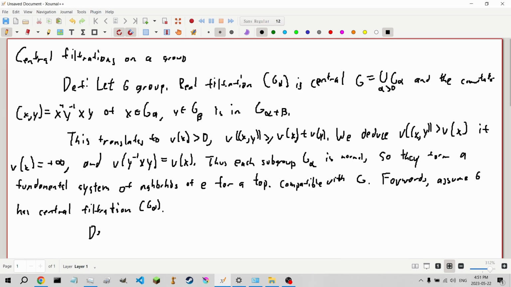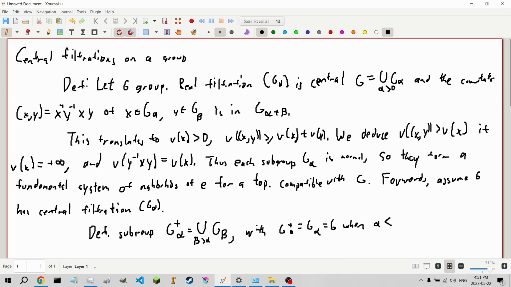We're going to define the subgroup G positive alpha as the union of G beta for beta greater than alpha. Typos are getting more numerous in this book as we go forward. With then G positive alpha being G alpha being G when alpha is non-positive.